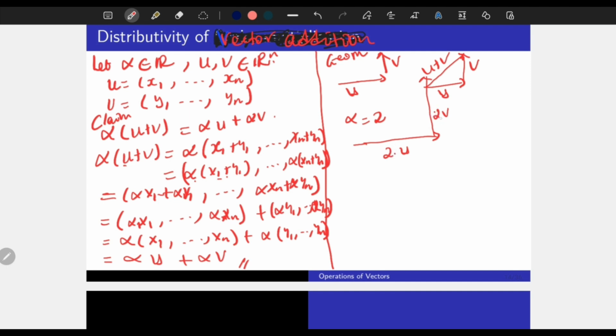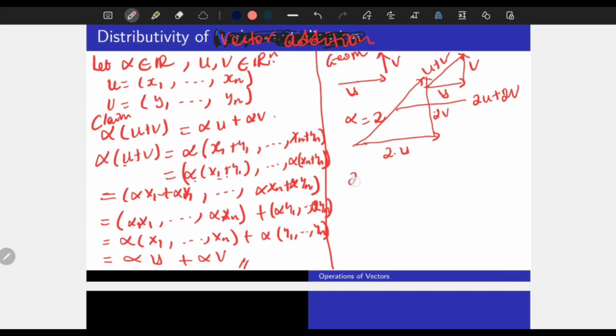So 2 times u plus 2 times v is this vector here, which represents 2u plus 2v. If you really use a scale or a ruler, you'll see how they look. So this is u plus v, and this is 2u plus 2v.